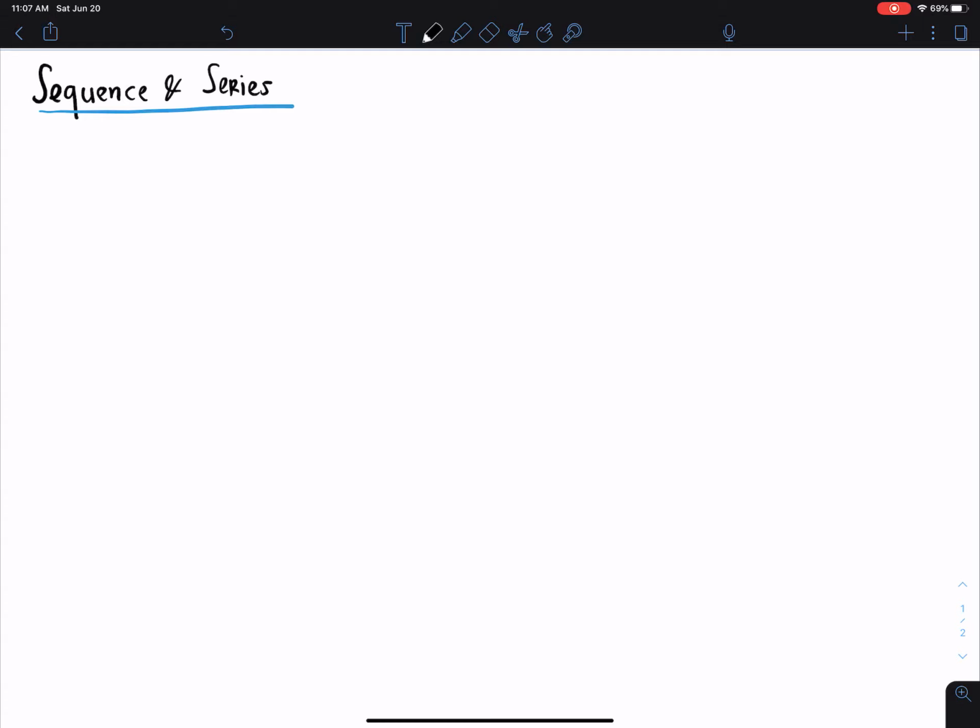There are many types of sequence and series, but I consider these the most simple ones: the first is arithmetic, and then the other one is geometric.